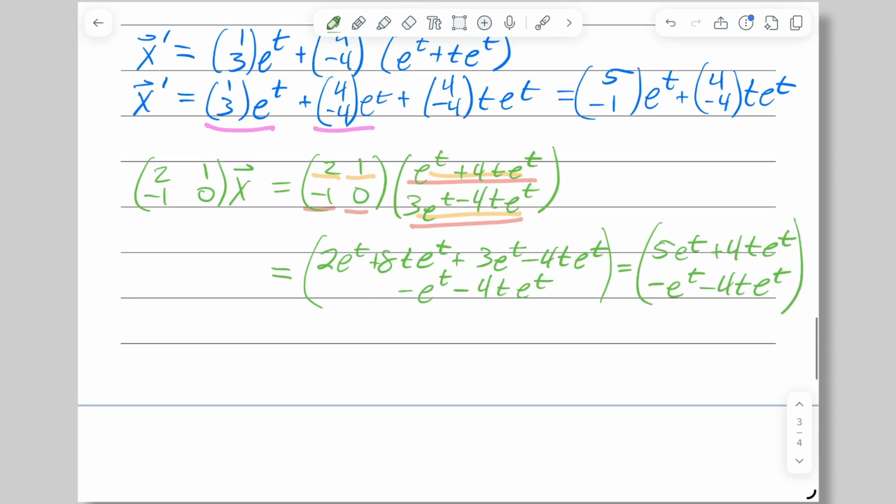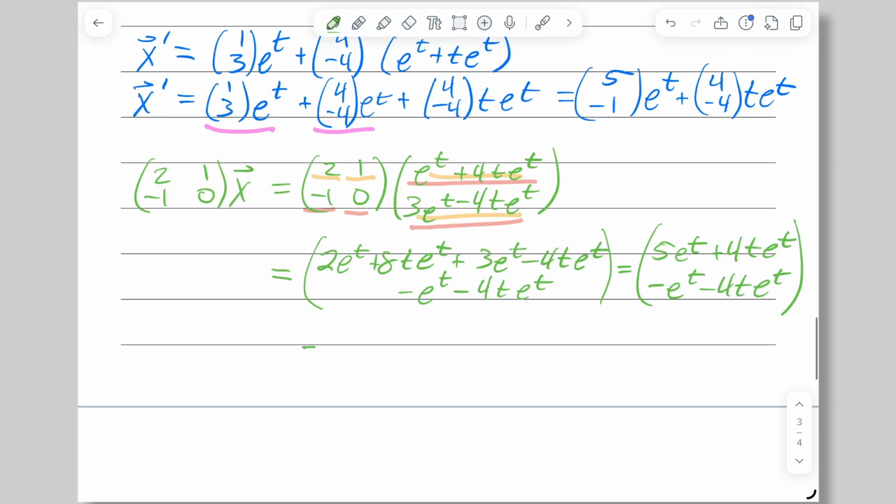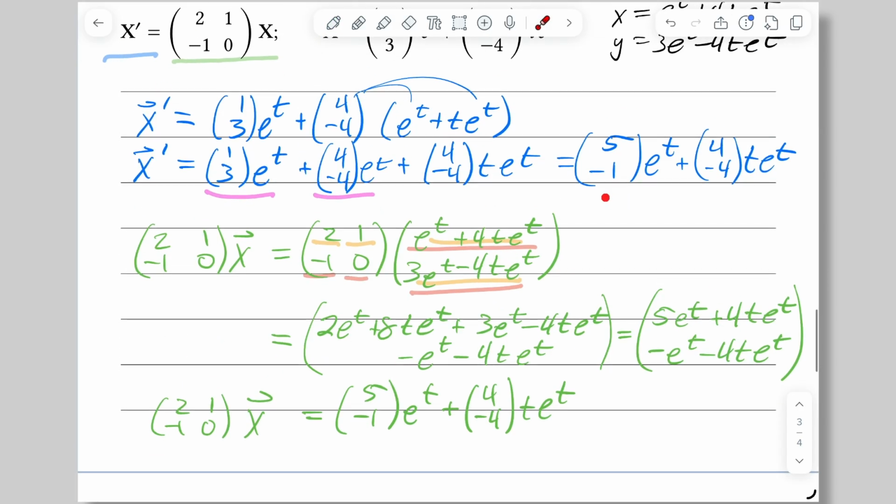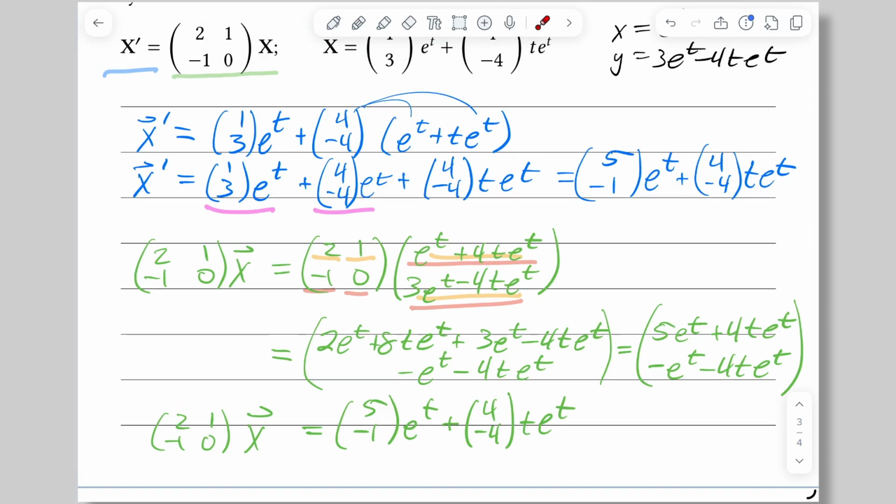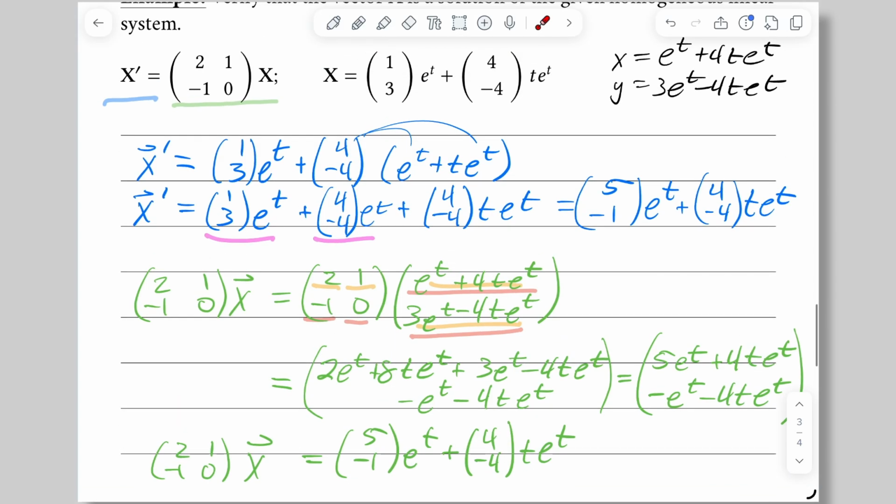And for comparison purposes, I'm going to write this as the column vector 5, negative 1 times e to the t plus the column vector 4, negative 4 times t e to the t. Say that that's equal to 2, 1, negative 1, 0 times x, and point out that that's exactly what we got for the left-hand side x prime, thereby showing that this is actually a solution to the system.